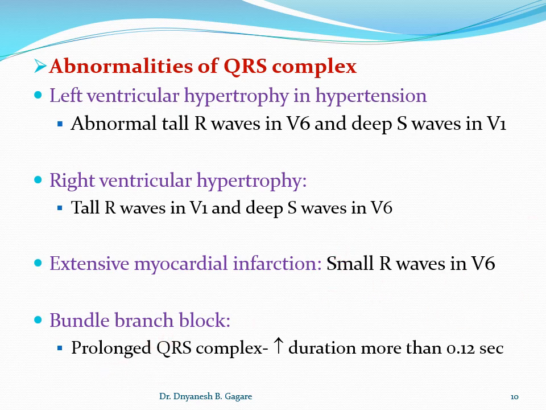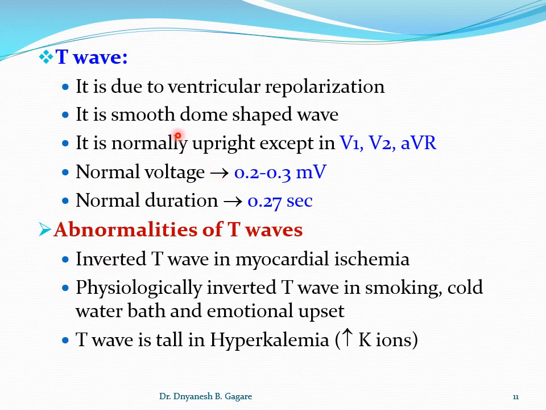Next slide. Coming to the T wave. What is the T wave? It is due to ventricular repolarization. We get the T wave of the ventricle, but not the T wave of the atria, because the T wave of the atria is overlapped by the QRS complex, while the T wave of the ventricle is recorded. The cause of the T wave is ventricular repolarization.